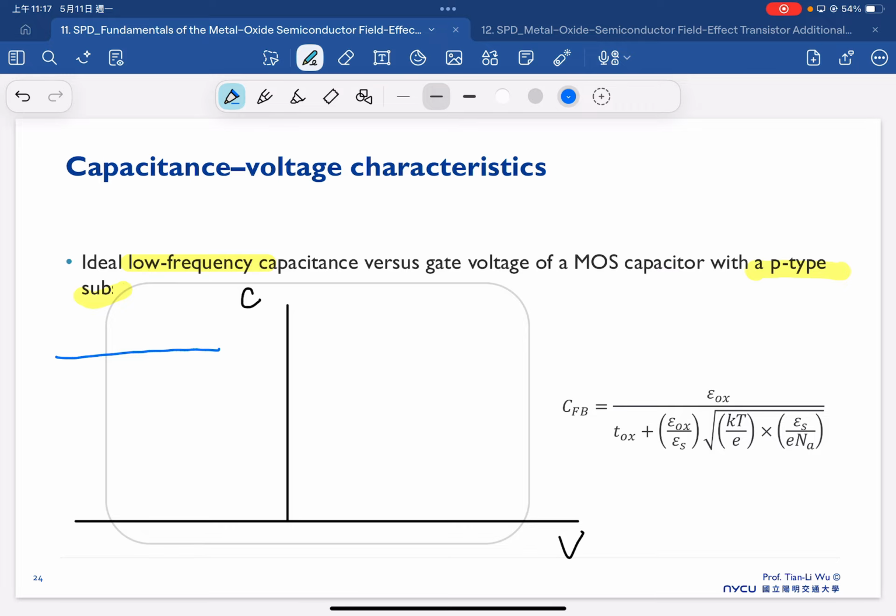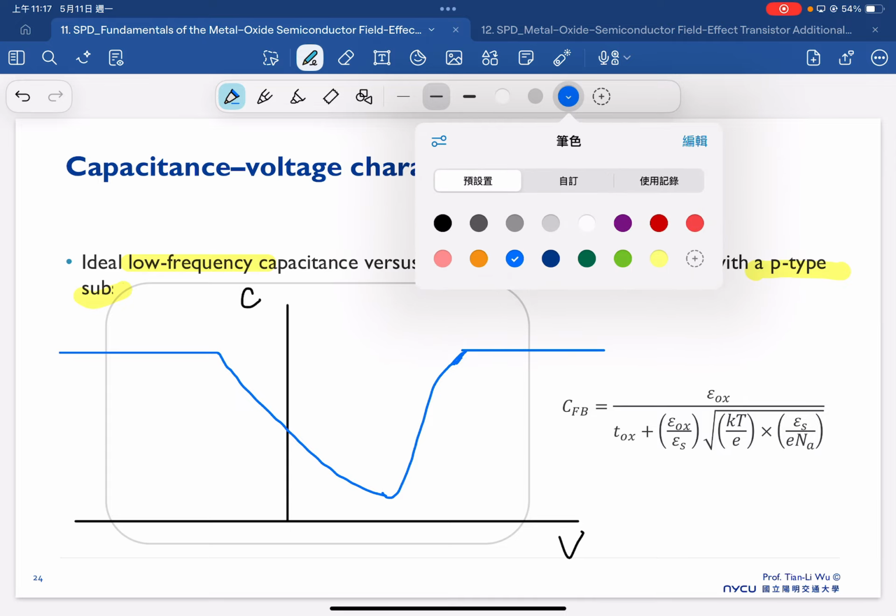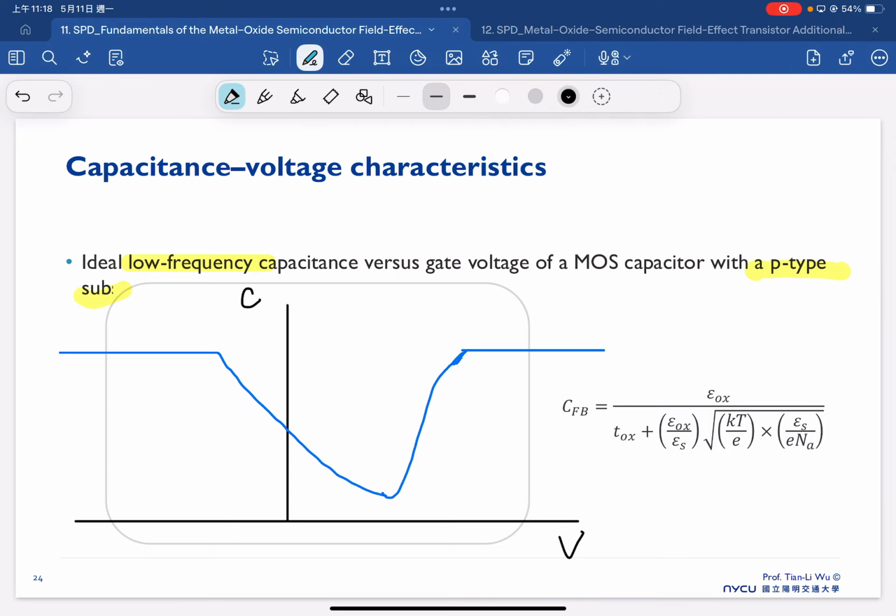So we have this accumulation and depletion, weak inversion, strong inversion. So this one will be equal to the oxide capacitance. This is the region of the accumulation.